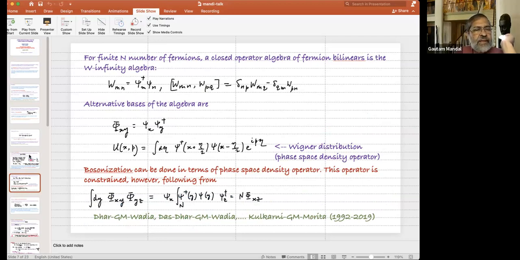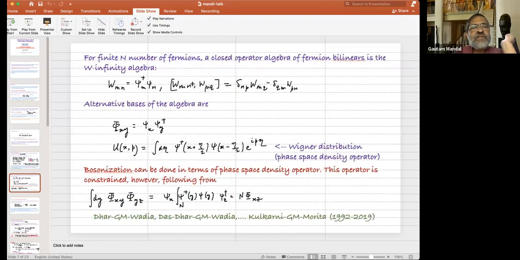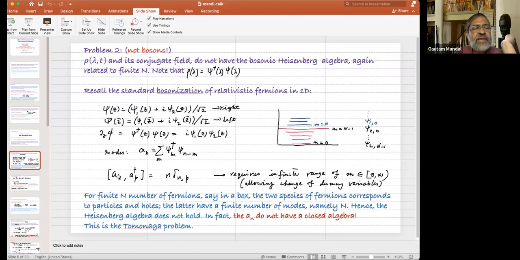Now what happens is that in constructing the A's, you're supposed to have a sum over this index m. So when you do this kind of a commutator, you have to have a sum over the first term and a sum over the second term. Then by a change of dummy variables, the sum over the first term and the sum over the second term just goes away for any n not equal to p.